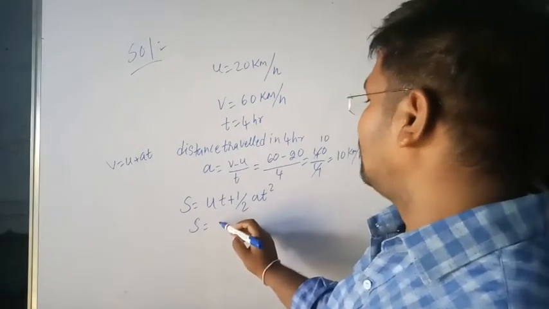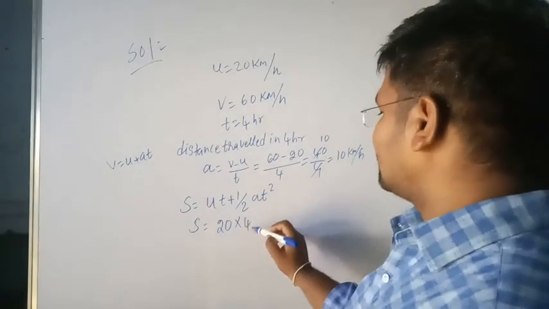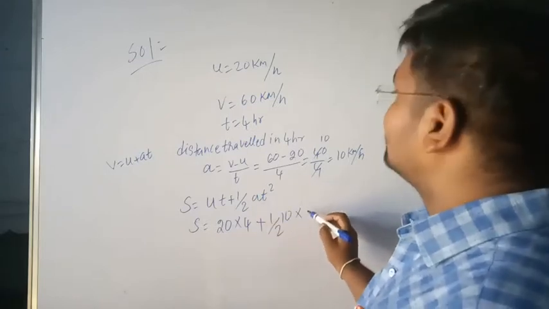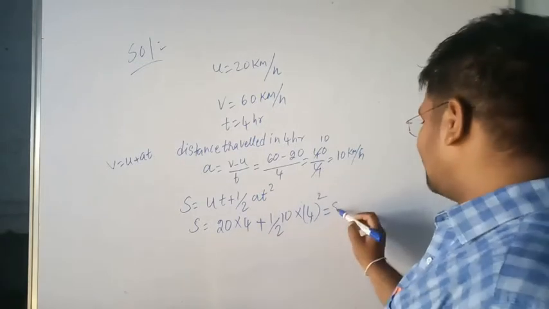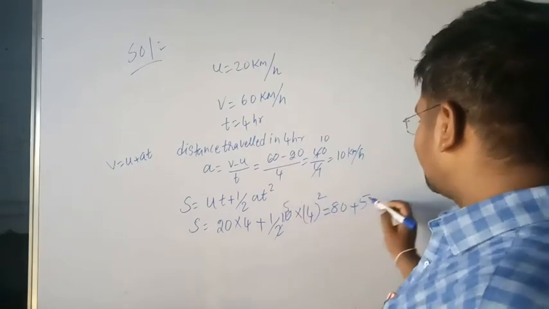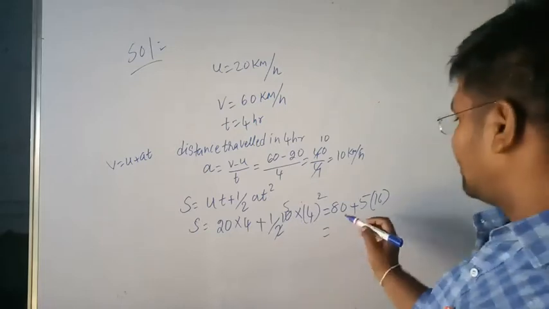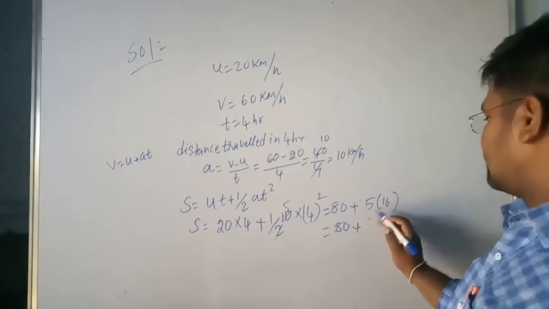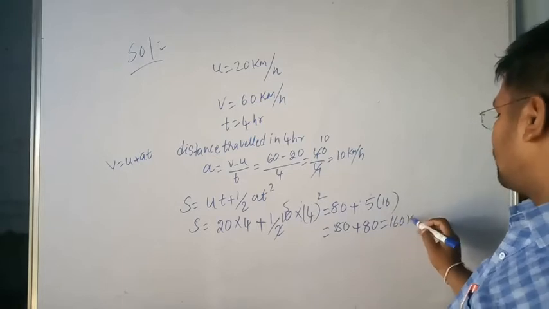What is u? u is 20. So s is equal to 20 into t, 4 hours, plus 1 by 2 into a, which is 10, into t square, which is 4 square. 20 into 4 is 80, plus 5 into 16, which is 80. 80 plus 80 is 160 kilometers.